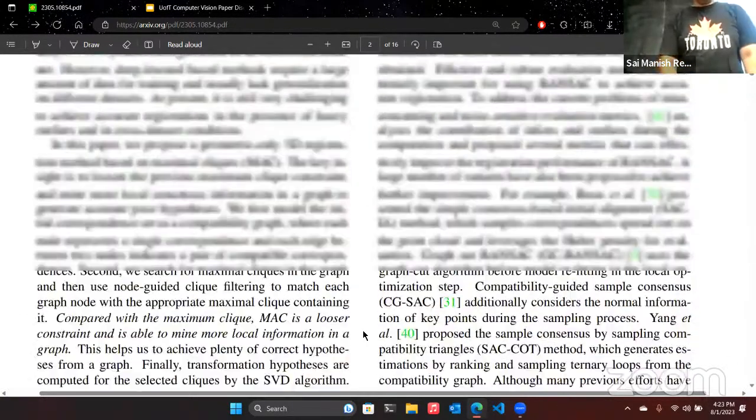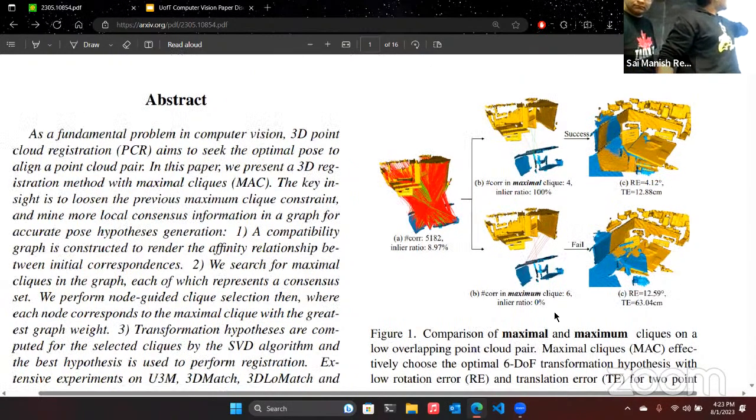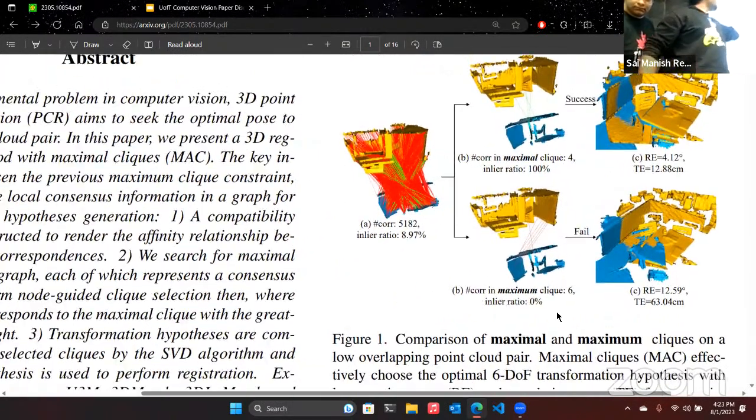Okay, I want to go over the diagrams. In this diagram, mainly the column is like a correlation number, the inlier ratio. An inlier is a point in the reconstruction process that matches 100% with the scan, so the point has the exact same coordinates in the scan as in the reconstruction.